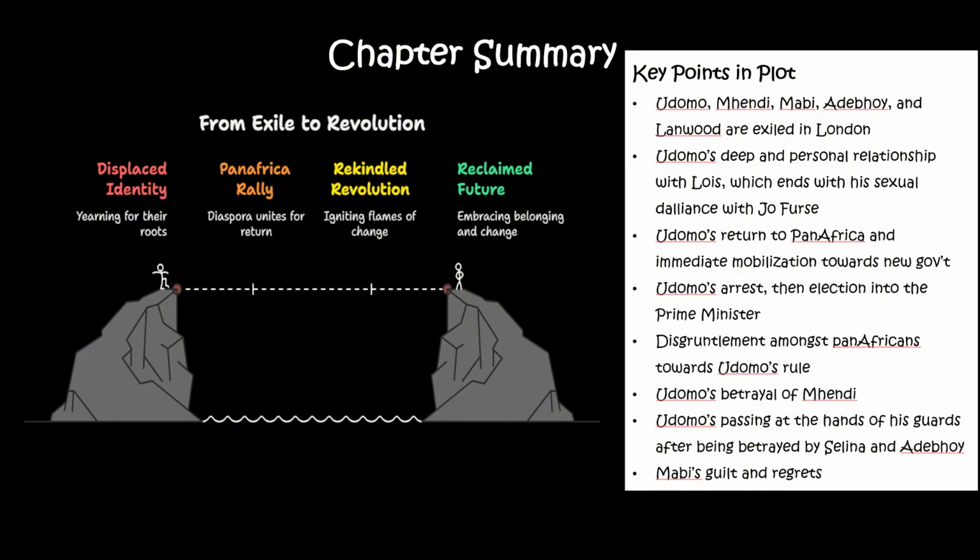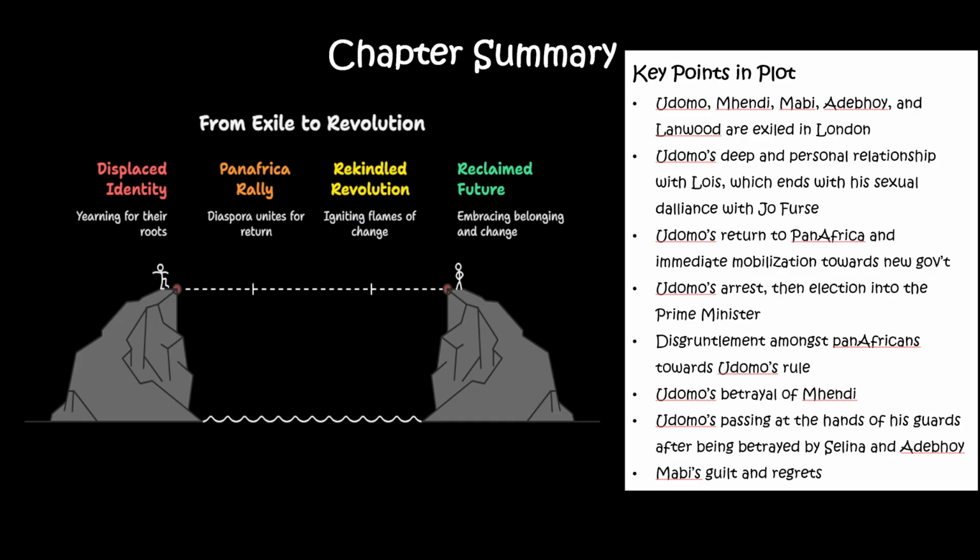But their relationship is short-lived because Udomo then sleeps with Lois's friend, Jo, who then falls pregnant. When Lois discovers that they were trying to get rid of the baby, their relationship ends. The breakup also causes a rift with other revolutionaries, particularly Udomo's friendship with Paul Mabi.